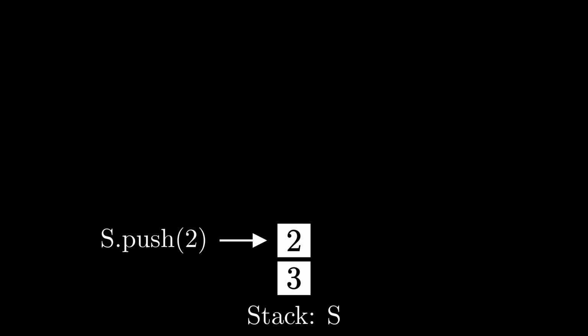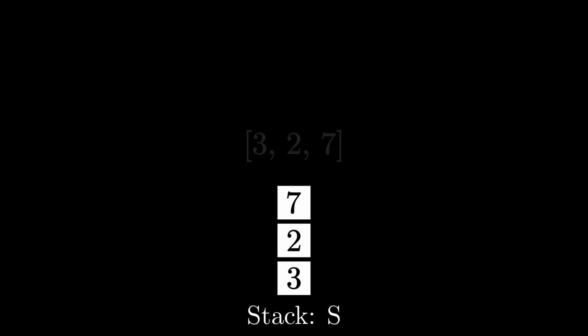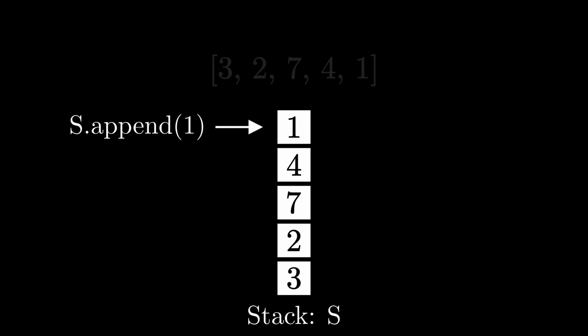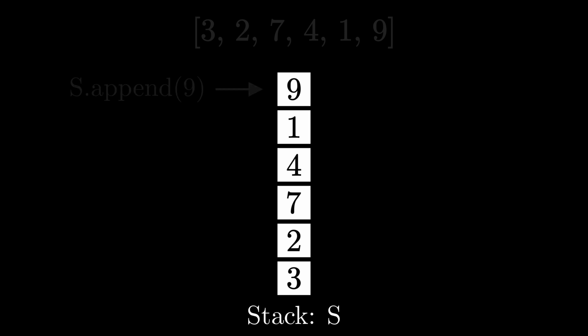In Python, a stack is basically nothing else than a list, just like a queue. And if we want to add an element to the stack, we simply append it to the list, just like for the queue before. The only difference to the queue concerns now the removal of elements from the stack.